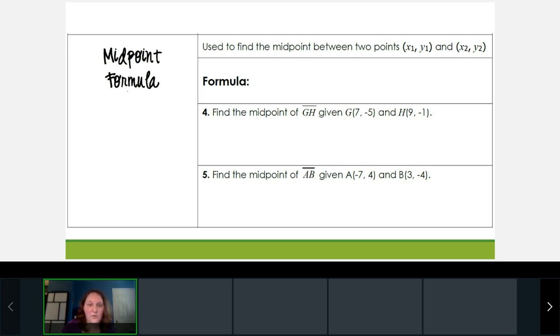Midpoint. While I rewrite all this back into my notes, because for some reason it didn't save, go ahead and try number 5. See if you can find the midpoint of AB, given these 2 points. You can use graph paper if you want, or the formula, whatever way you like best.